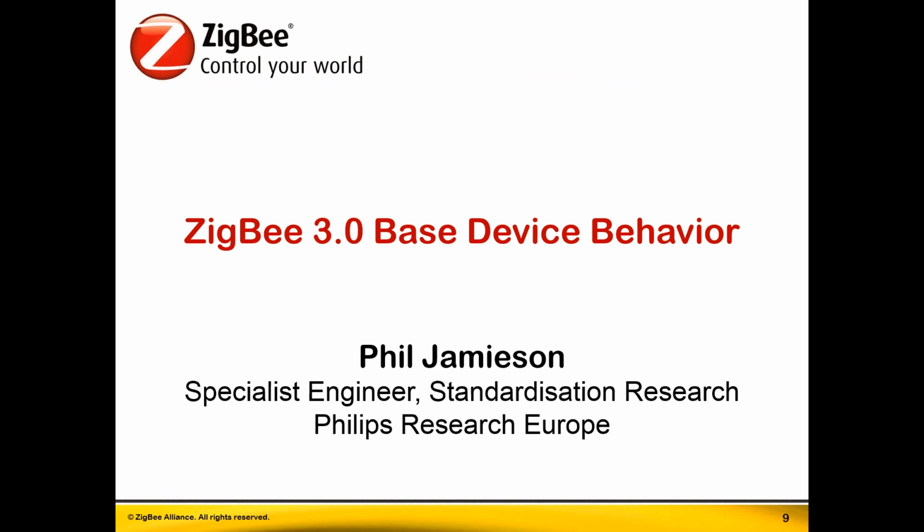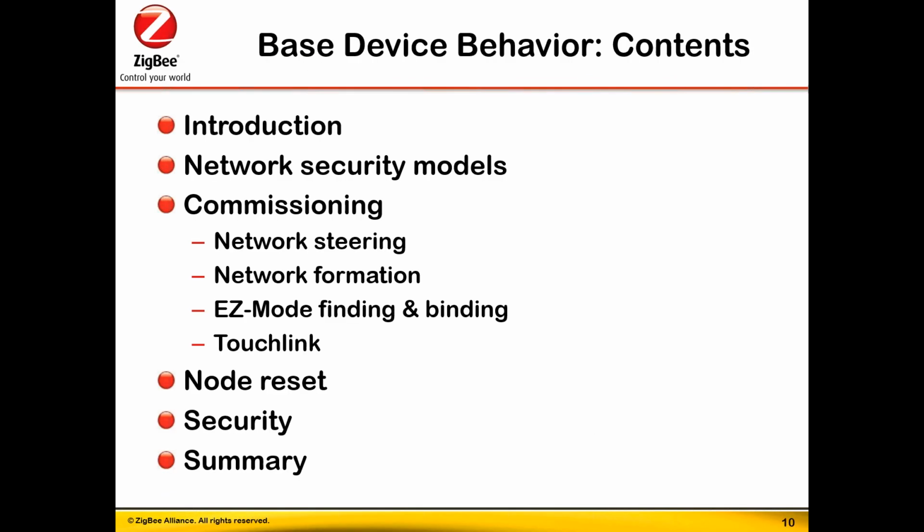Okay, thanks, Tobin. As Tobin says, I'm Phil Jameson. I'm from Research in Philips, and I'm going to talk a little bit about the base device behavior specification, which is quite new, that we're developing, and it will support the interoperability requirements of Zigbee 3.0.